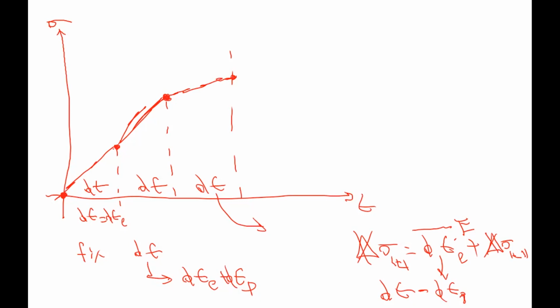And it will go like this till we have some point. Maybe after a certain amount, due to work hardening, you can also get an additional increase due to work hardening.